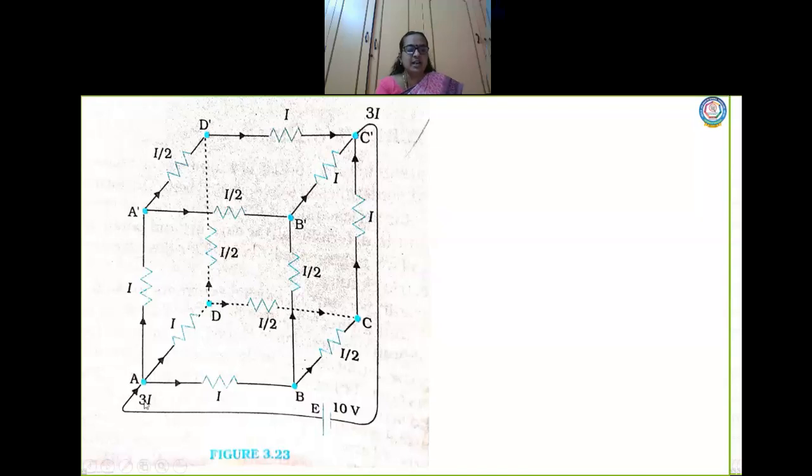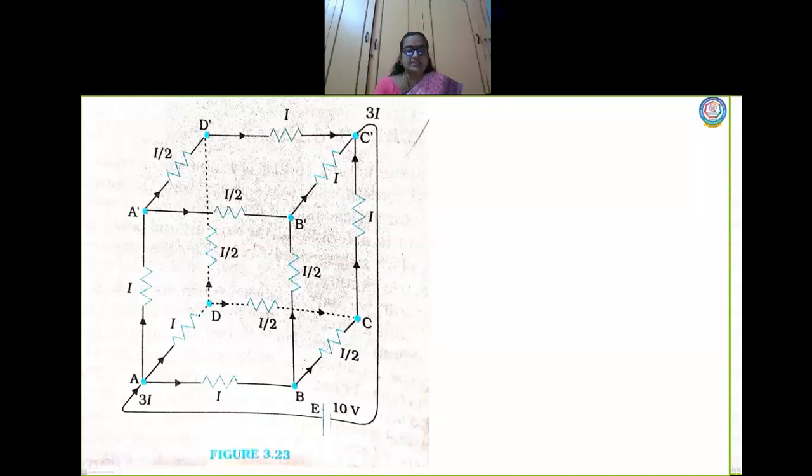So this 3I is distributed as I along AB, I along AD and I along AA'. Are you able to get my point? Yes. So 3I is the current entering, and the current is distributed among the three leads, that is AB, AD and AA'. Is it clear, children? Right.